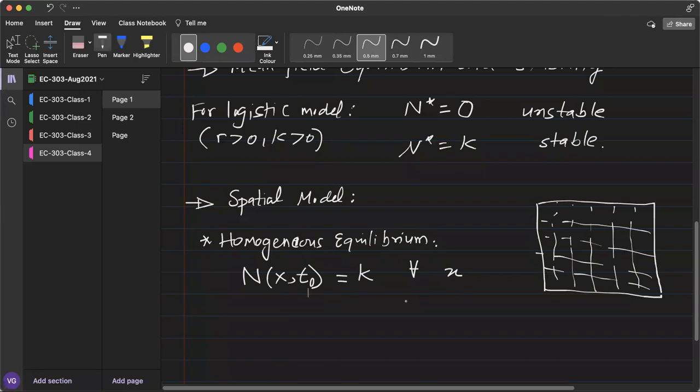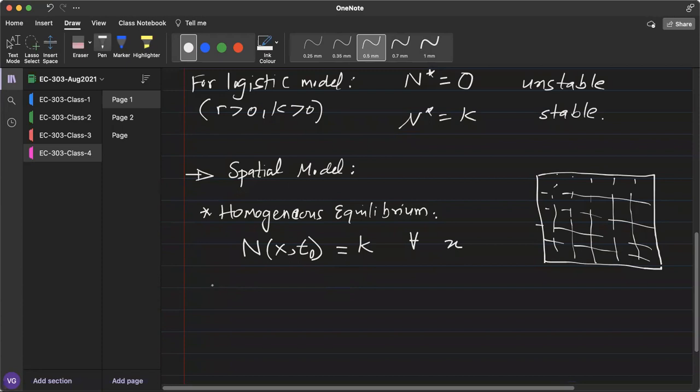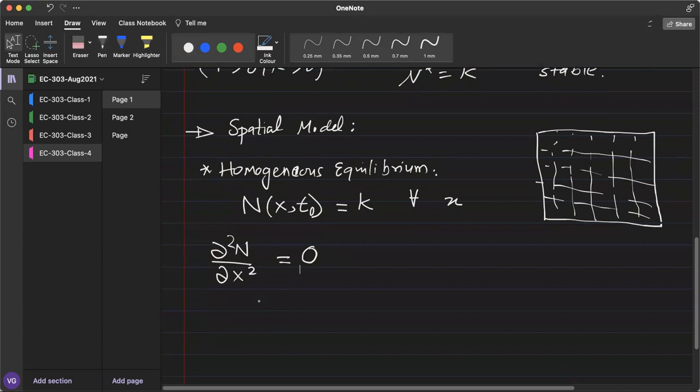if the density is the same at every location, what happens to the diffusion term now? This will be 0 because everywhere it is the same along space. Therefore, the very first derivative of population density with x will be 0, and so will the second derivative be, right? And even this will be 0 if we had a two-dimensional world.